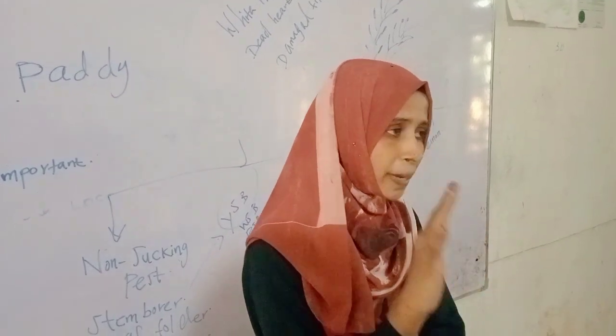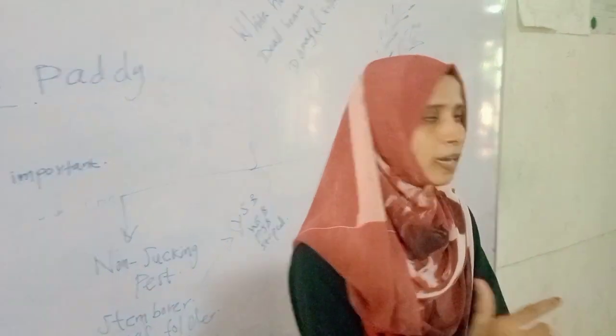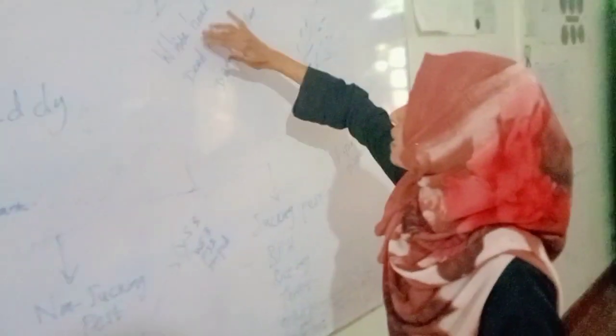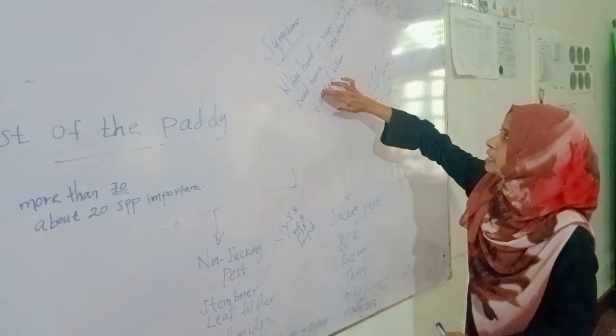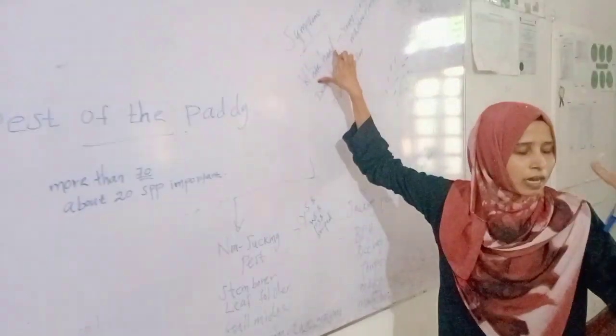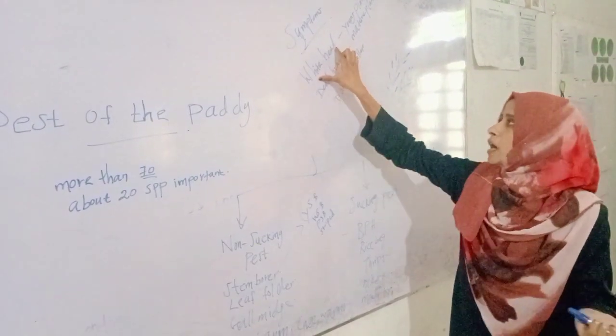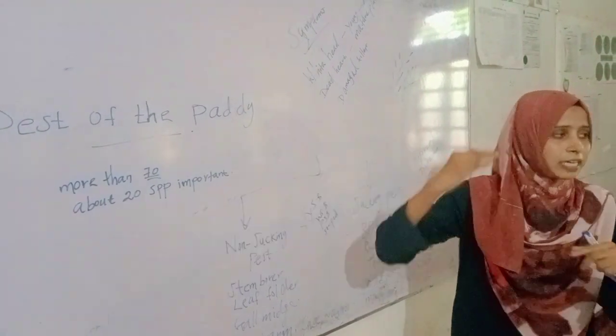It mainly affects both young plants and mature plants. In young plants it causes white head, and in mature plants it causes dead heart. In white head, the young plants turn brown.